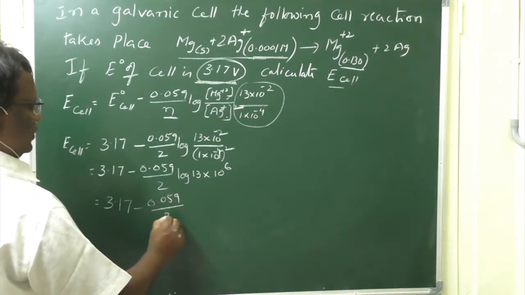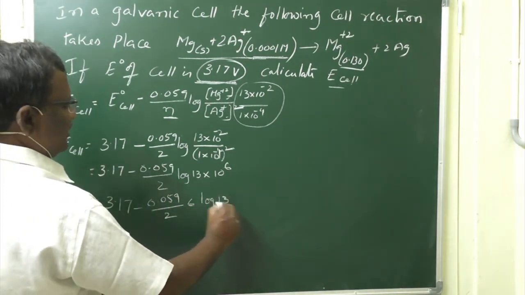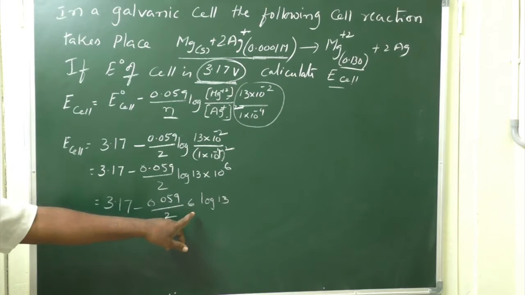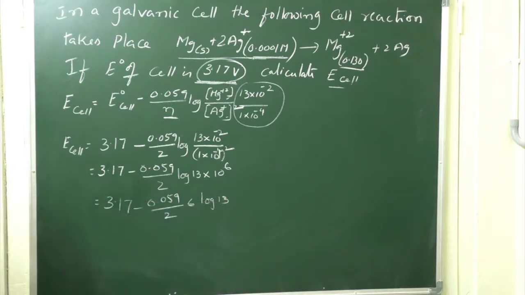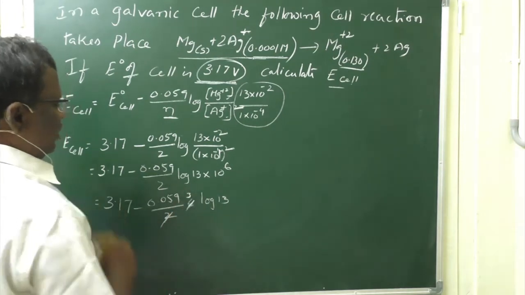So 0.059 by 2 into 6 log 13. Log of 10 to the power 6 is equal to 6. So you can write it as 6 log 13. Now this 2 here cancels, that means 3 log 13.